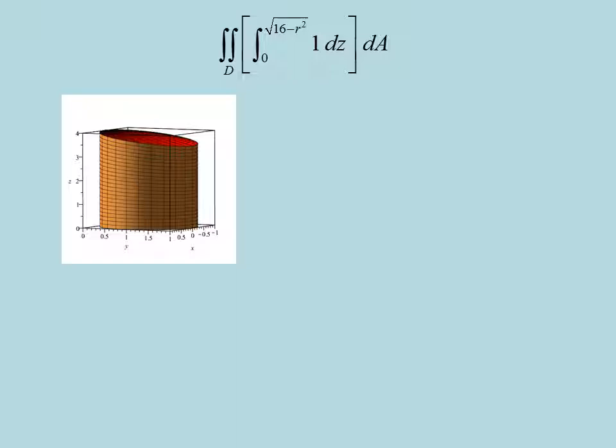Now, like we did with the rectangular coordinates, we need to describe the region where this is projected straight down onto, in this case, the r theta plane, which would be the xy plane.